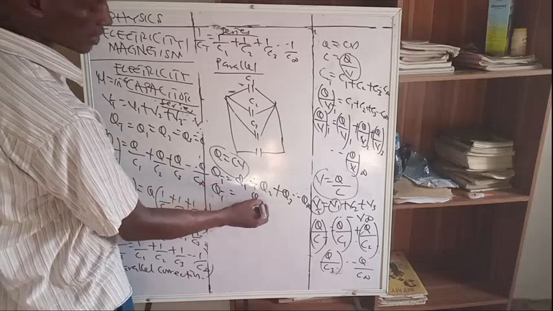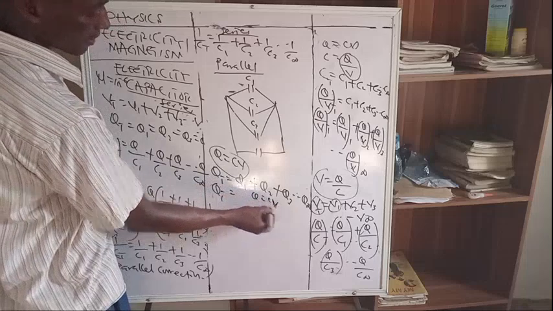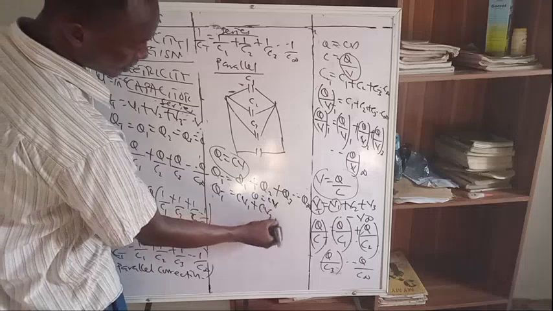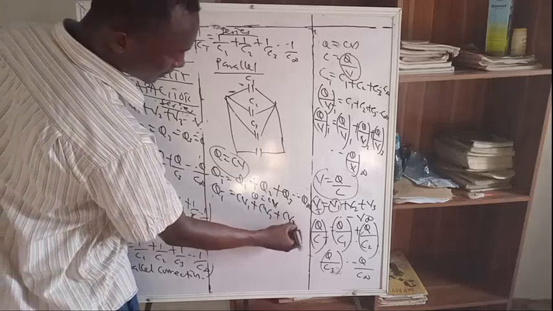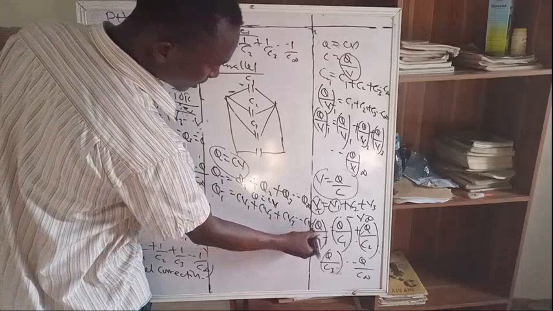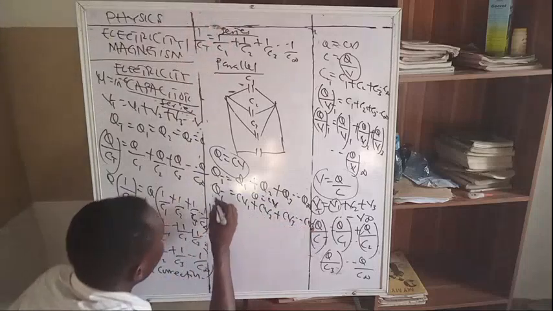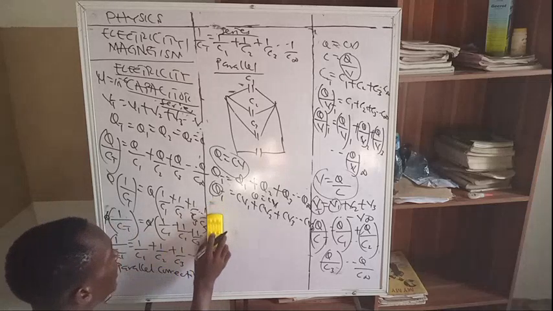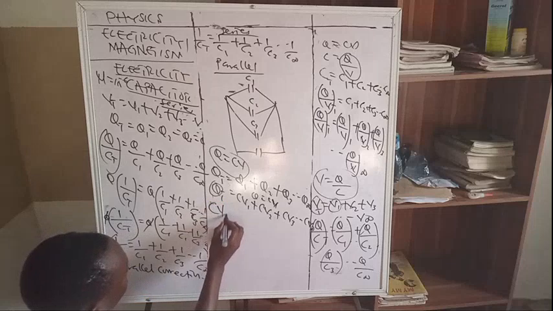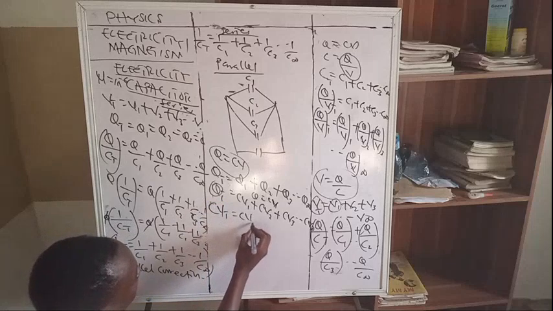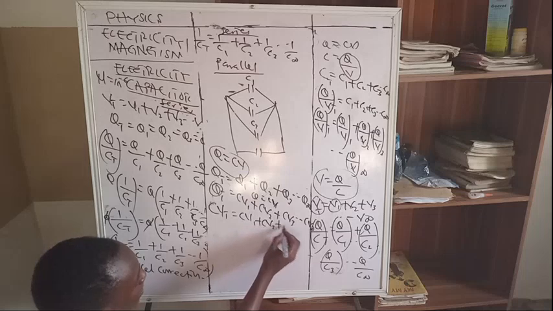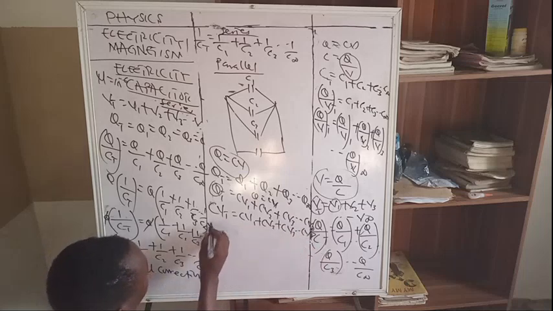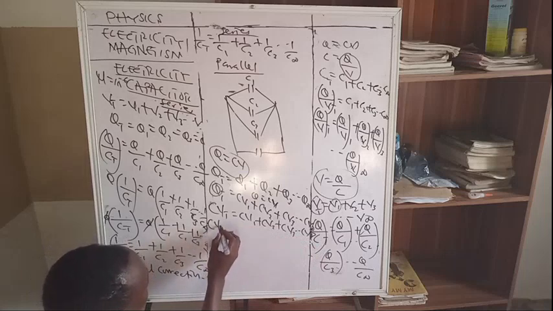Anywhere I see my Q1, I'll write CV1 plus Q2 will now give me CV2, then Q3 will give me CV3, then everything to CV infinity. So what do I have? Once my Q is equal to CV, I now have CVT is equal to CV1 plus CV2 plus CV3, then to CV infinity. So I have CV total.